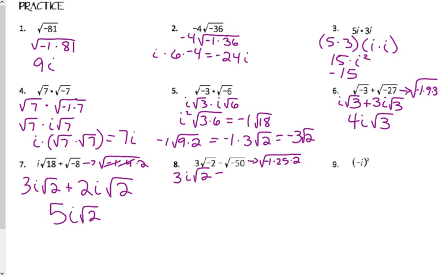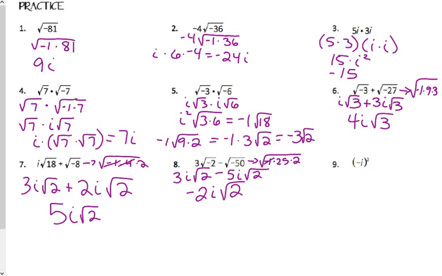And we're going to do the same thing we did in number 7. We're going to take out the square root of negative 1, which is i. We've got the square root of 25, which is 5. And our surd is 2. So 3i minus 5i is going to be negative 2i, and it's times the square root of 2 because we're treating them like terms.